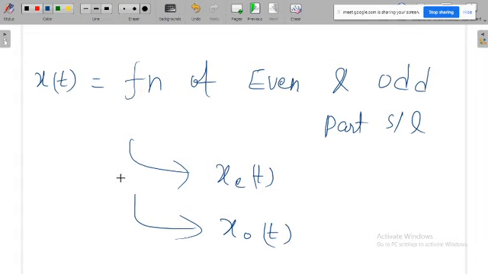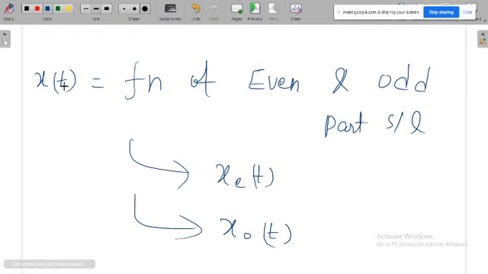Only if the signal consists of only an even part will it act as an even signal. If it consists of only an odd part, it will act as an odd signal. If the signal consists of both even and odd parts, it will not satisfy these conditions, but it involves both. That means you can extract the even part and similarly the odd part from the original signal.